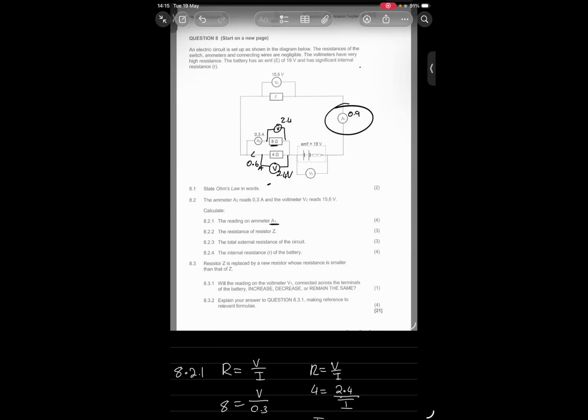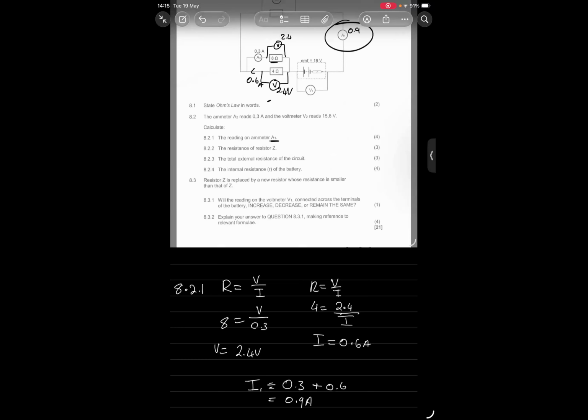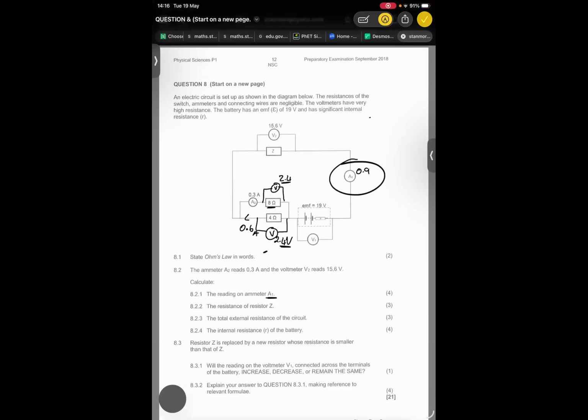Please explain how we substituted to get 0,6. Remember the voltage is the same on the parallel circuit. Then you're going to say R equals V over I, right?